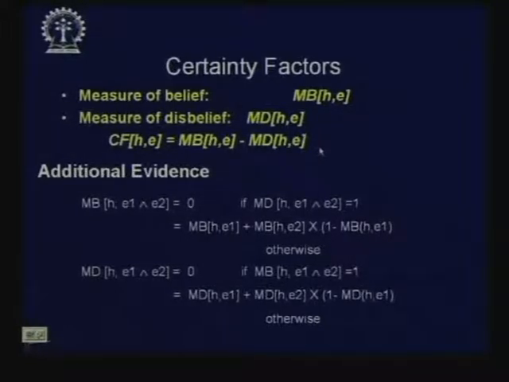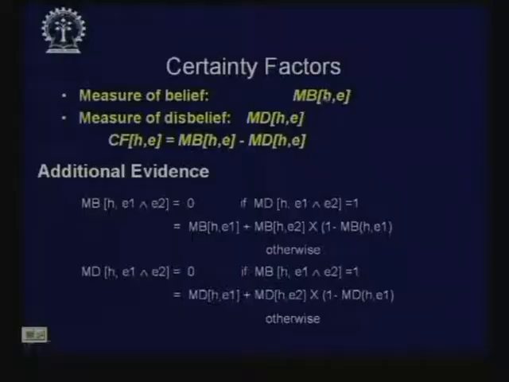Now, there may be multiple evidences, which are supporting the hypothesis H. I am given some measure of belief of H given E. Now, I can have additional evidence, like here H is supported by E1 as well as E2, and there are different strengths of relation.